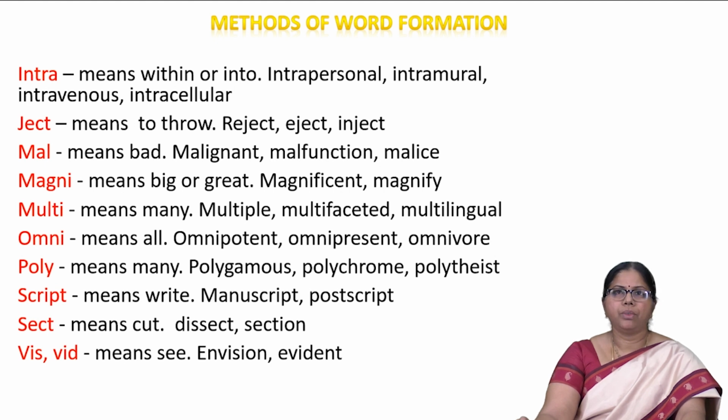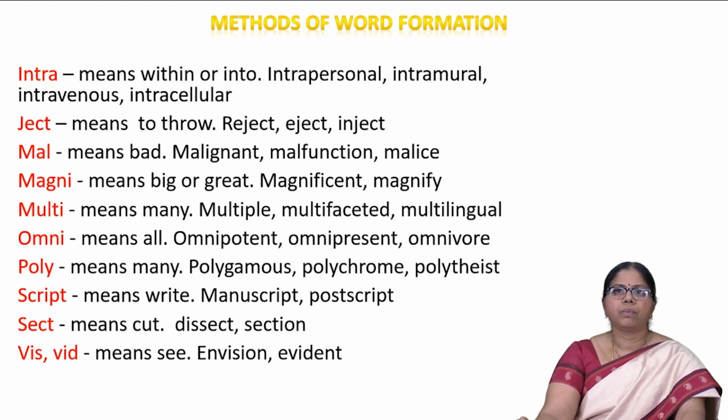Next, intra. These are some root words. Intra means within: intrapersonal, intramural, intravenous, intracellular. All these are words which we formed from the root word intra. Next, ject: reject, eject, inject, meaning throw.